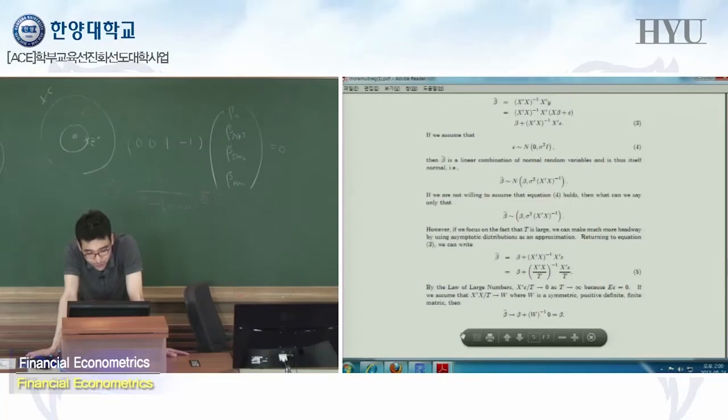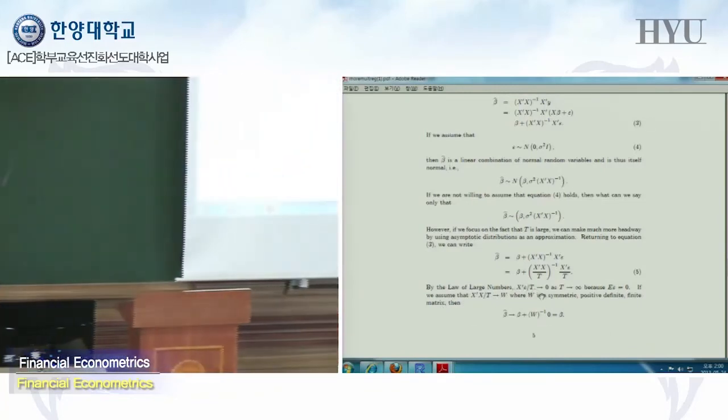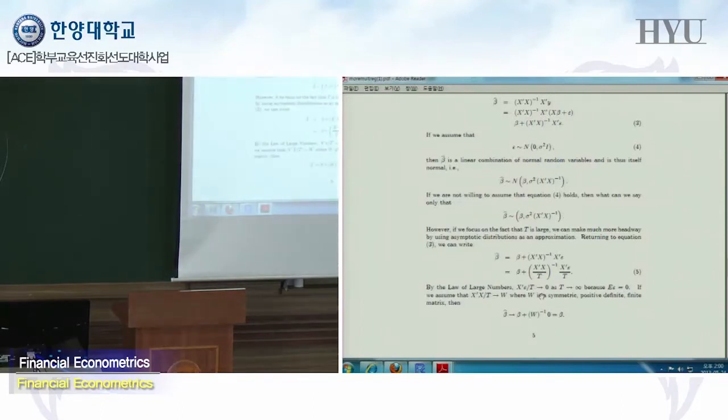By the law of large numbers, x prime epsilon over T should converge to 0 as T goes to infinity, because each epsilon has mean 0.